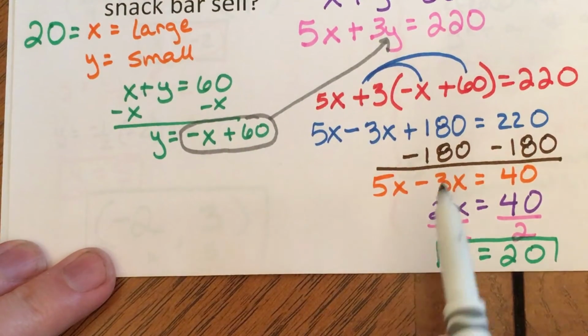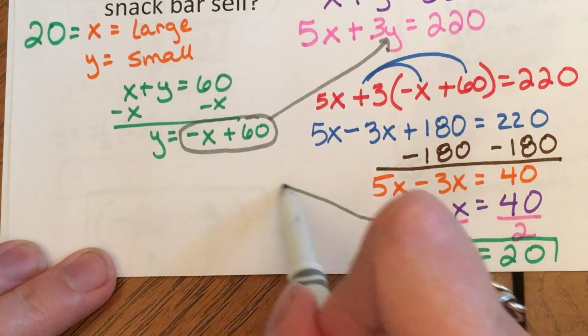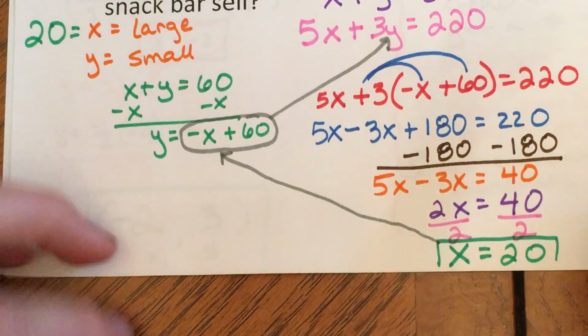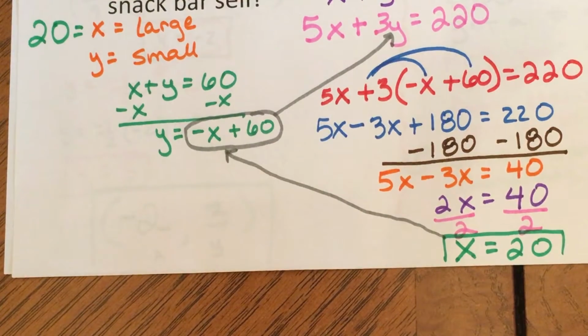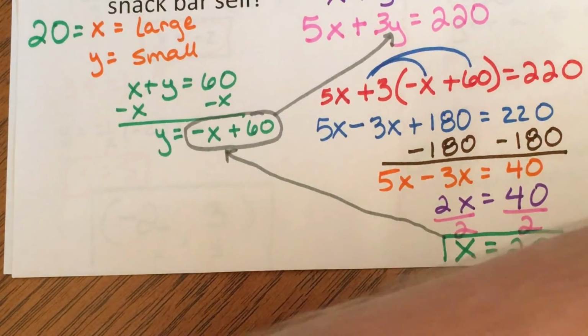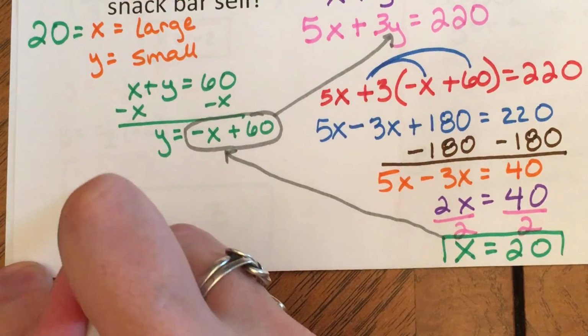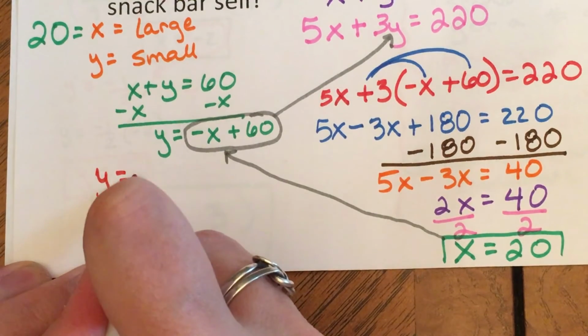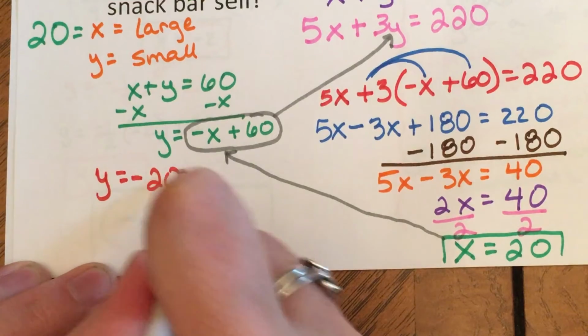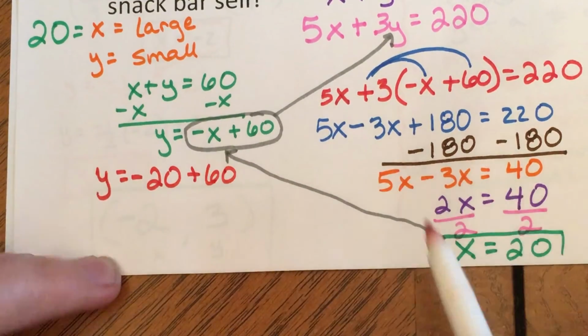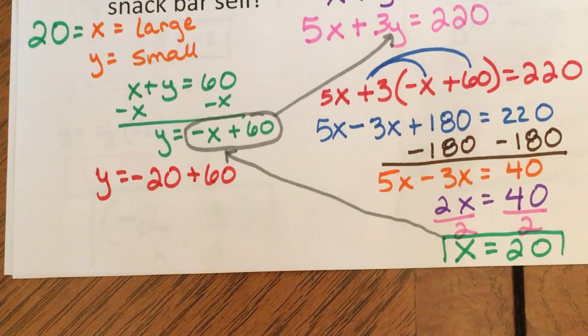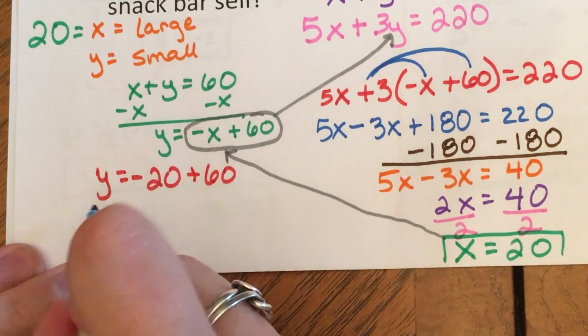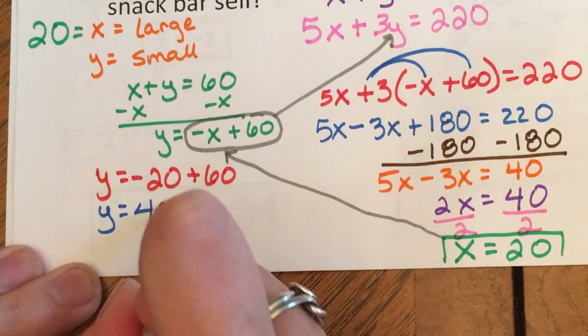So we're going to take this 20 and I'm going to plug it in right there for that x. So y equals negative 20 plus 60. What is negative 20 plus 60? Yeah, it's 40. y equals 40.